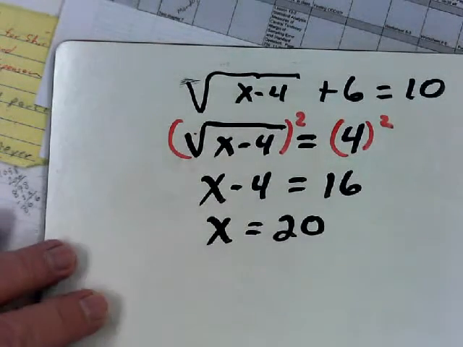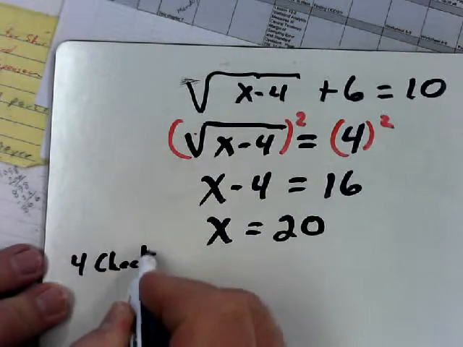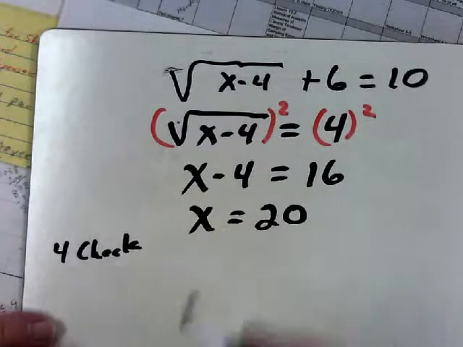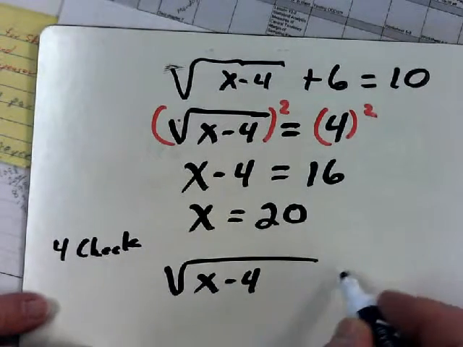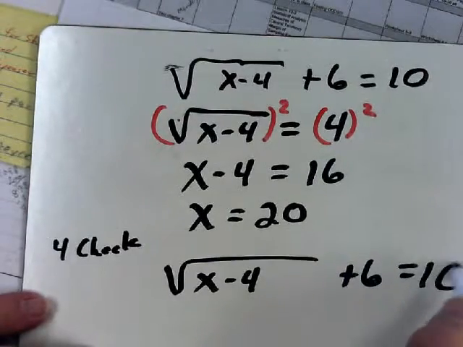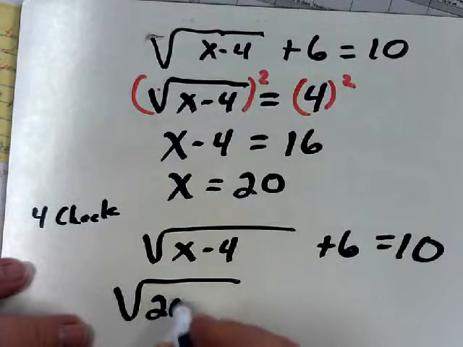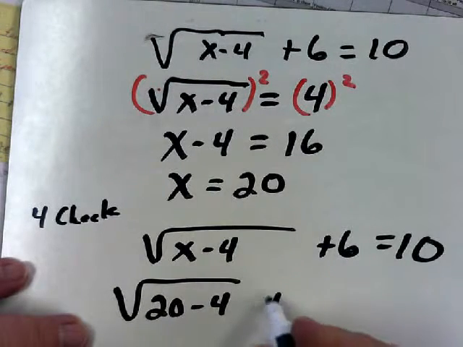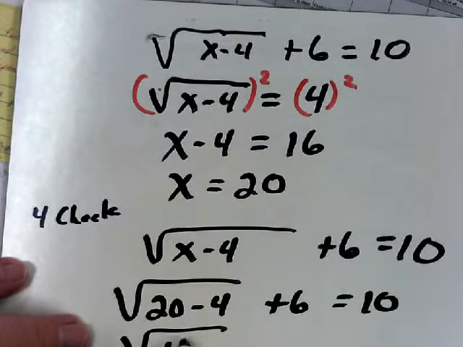You substitute 20 back into the original. Okay, so take the original problem, which was the square root of x minus 4 plus 6 equals 10. Put the 20 in for the x. You get the square root of 16, or 4 plus 6.